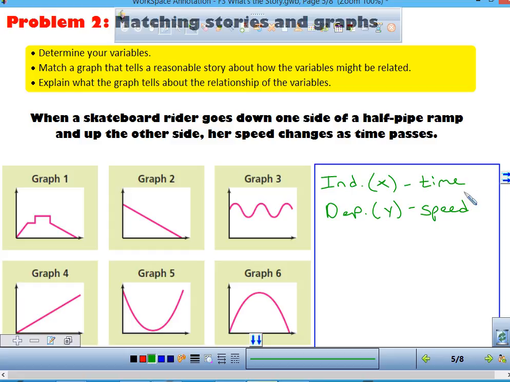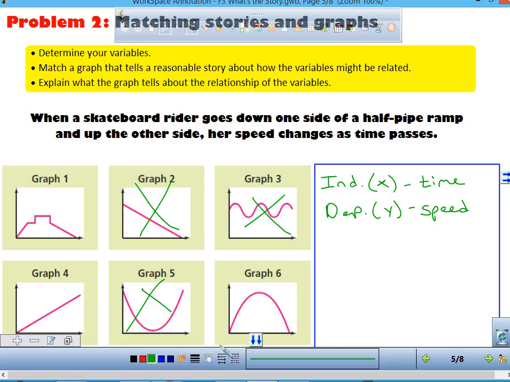So our graph has to start at 0. Any graph that does not start at 0 can't be one that we can use. Graph 2 doesn't start at 0, graph 3 doesn't start at 0, graph 5 doesn't start at 0. We can't use any of those 3.